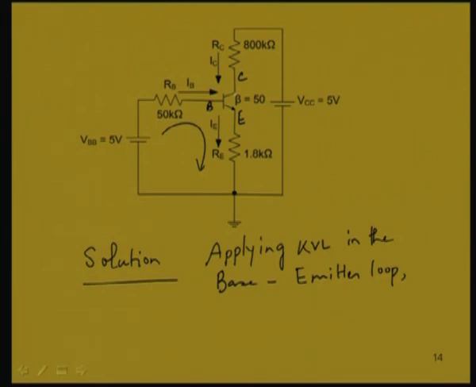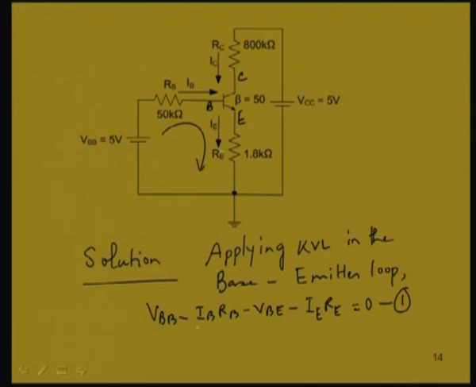So, let us first assume that the transistor is in active mode, and we will find out VCB. If I write this equation: VBB minus IB RB minus VBE minus VE, the voltage drop at the emitter, which can also be represented by IE RE, is equal to 0. This is the first equation, Kirchhoff's voltage law in the input loop of the circuit.